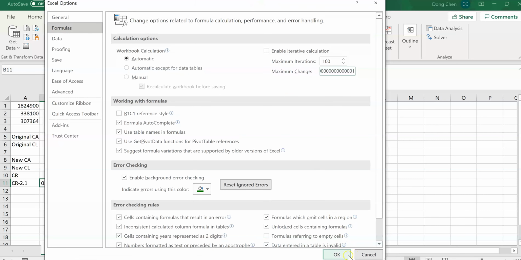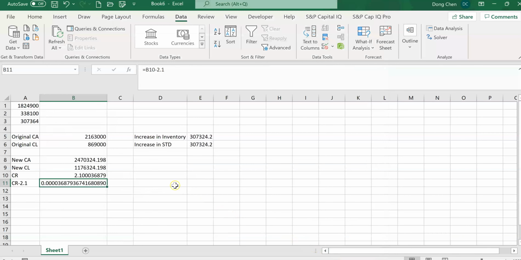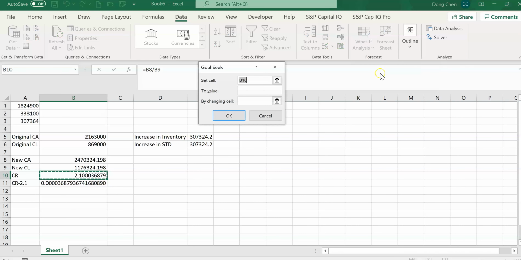Let's try that and see whether it helps us get a better number. Let's go back and use Goal Seek again, set this to 2.1, and change the cell value again.